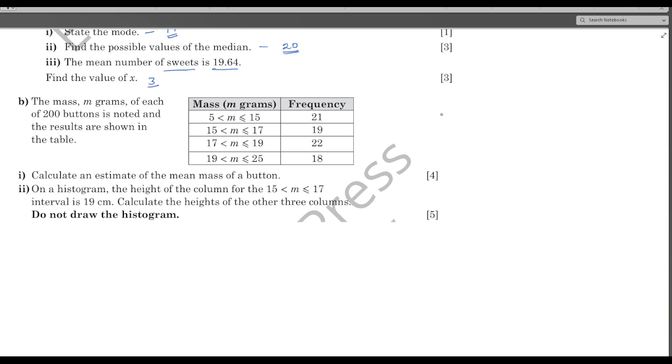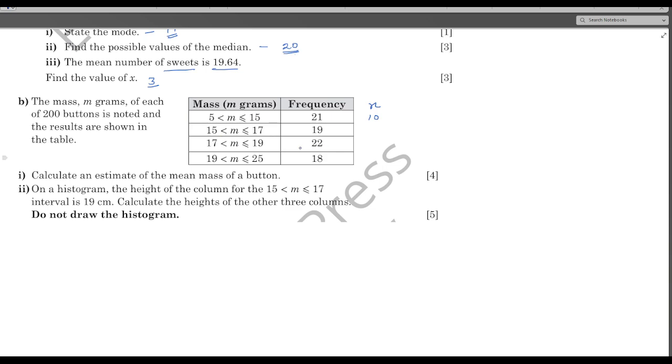For this, we assume that there are 21 buttons whose mass is between 5 and 15, so the mass of each button is equal to the average value. The average of 5 and 15 is 10, so here I will consider the average mass 10.